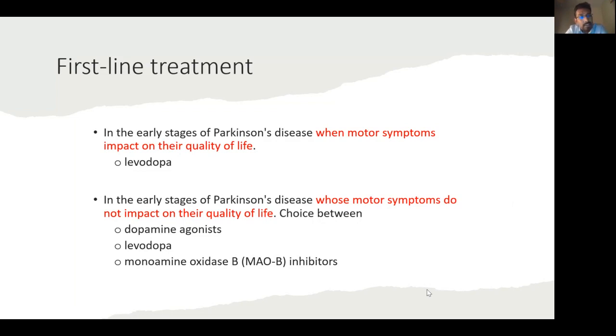The reason is the efficacy of levodopa reduces quite rapidly with time, and it comes with more and more side effects. So levodopa roughly works for between 5 to 10 years or something. Don't take it as accurate. It's just a rough idea.